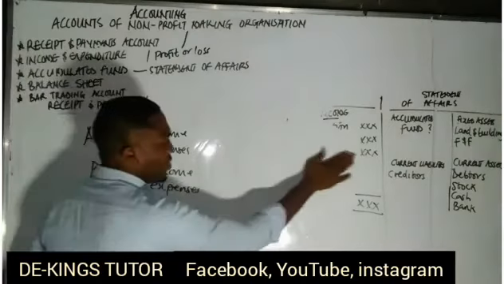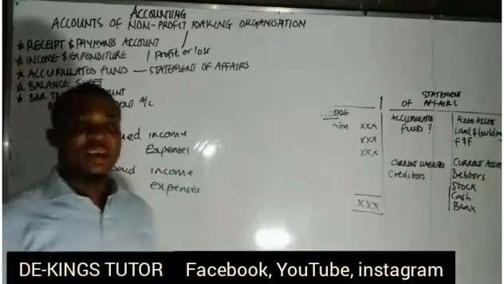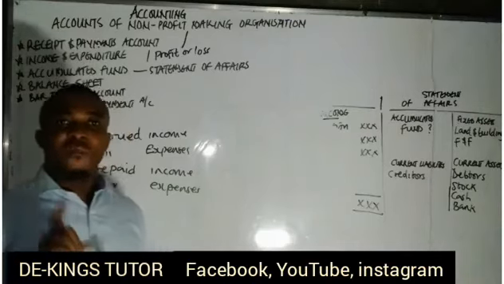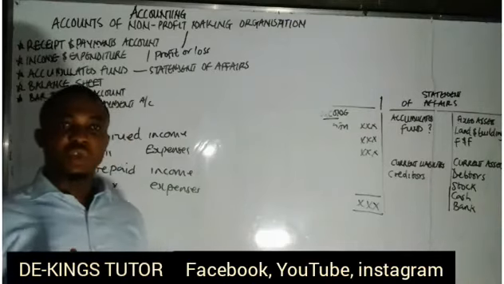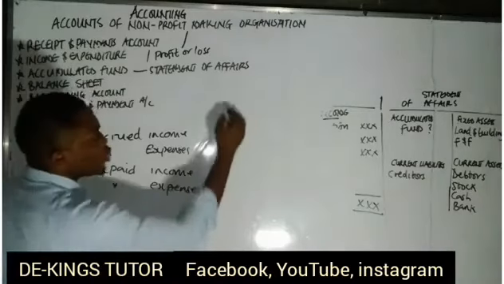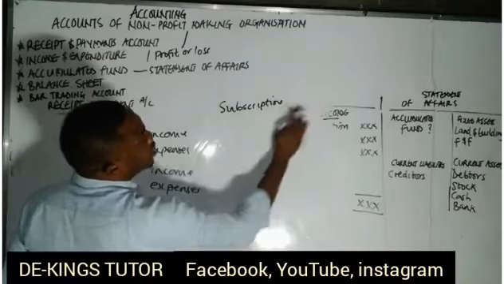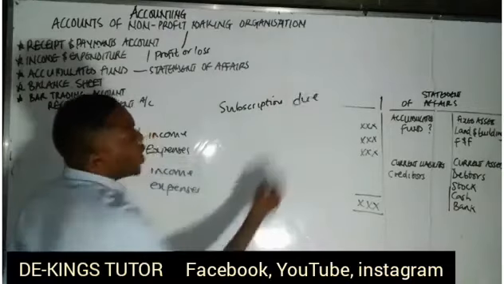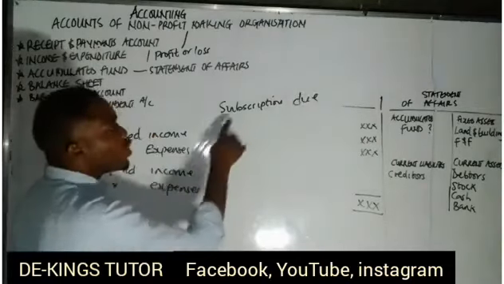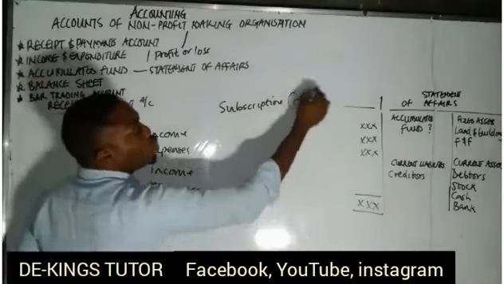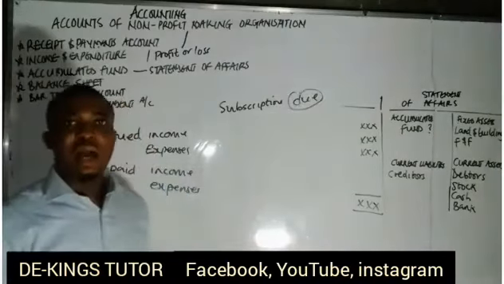For instance, what if they say subscription due or owing? The first thing you will do is split it into two. You will say subscription is due. Now, what do you ask yourself? What is subscription? Subscription is an income. What is due? Due means owing, accruals.